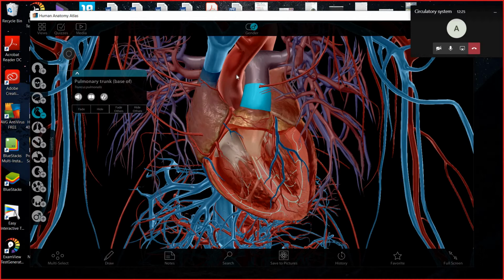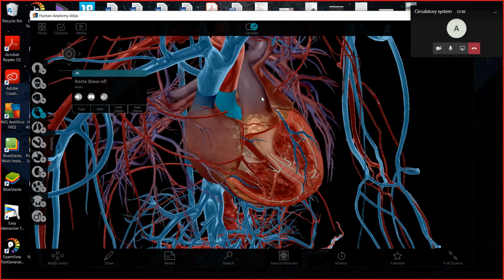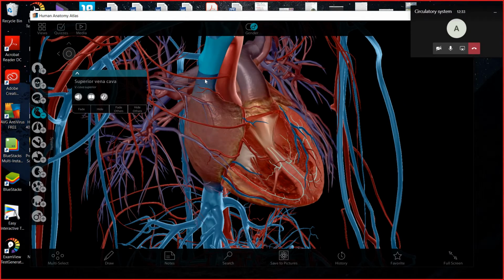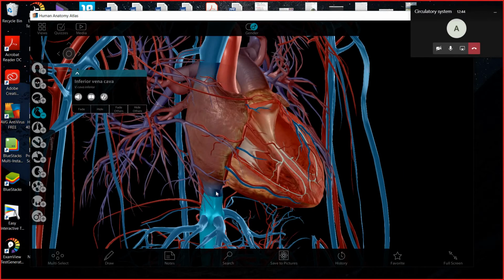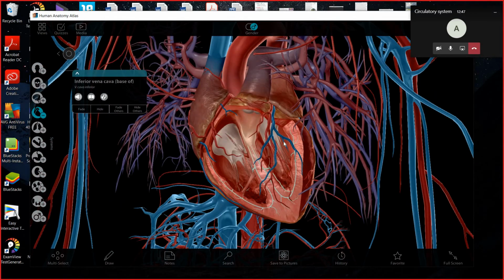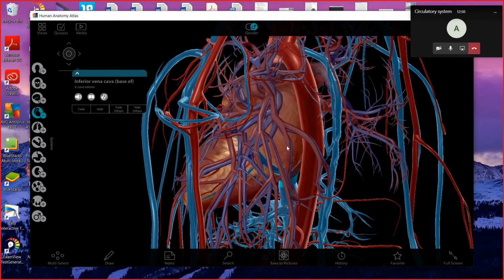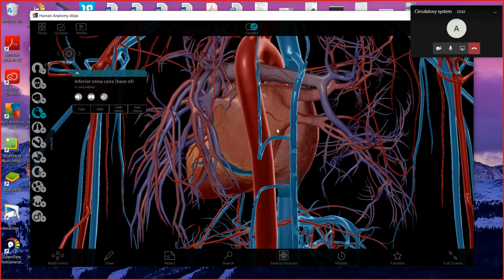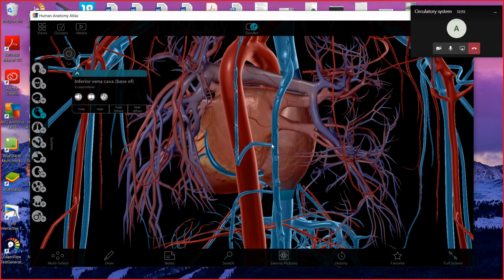So this is the pulmonary artery, then this is the aorta, and this is the superior vena cava, and here this is the inferior vena cava, and back there we have four pulmonary veins.